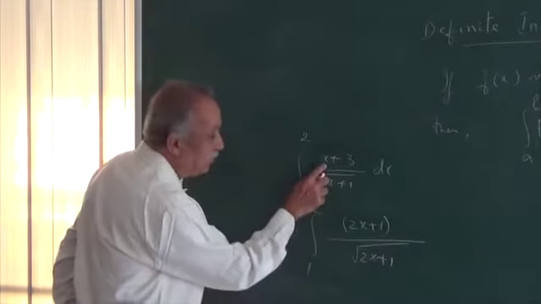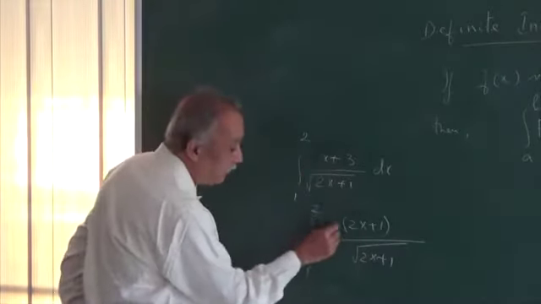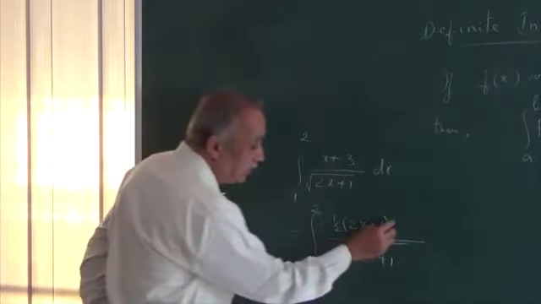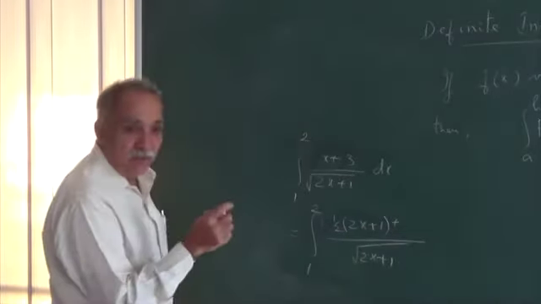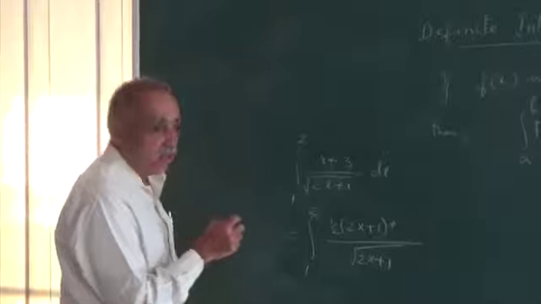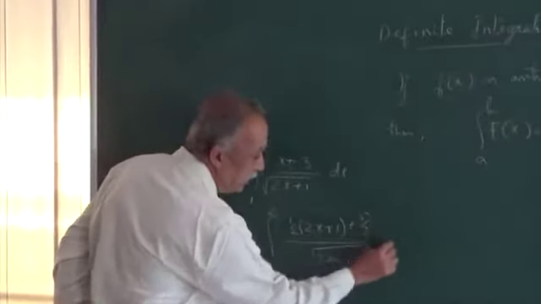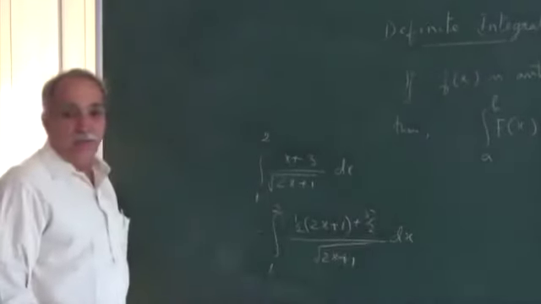What multiple will give you this x? Half. As a result, the constant term will not be fully covered. A portion of that gets covered. The uncovered remaining portion will be 5 by 2.